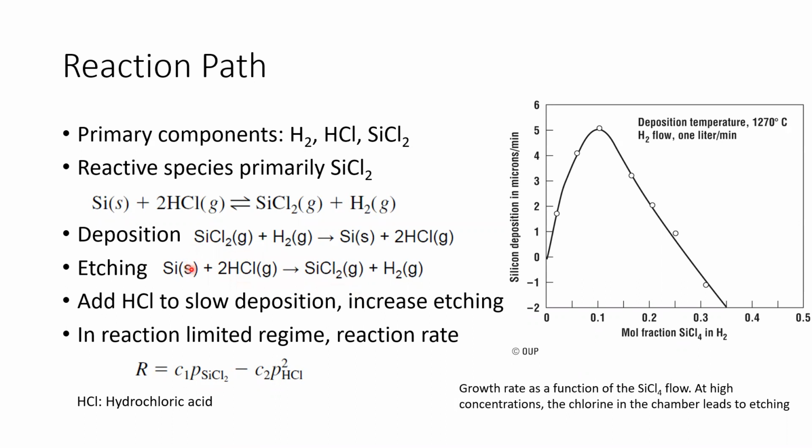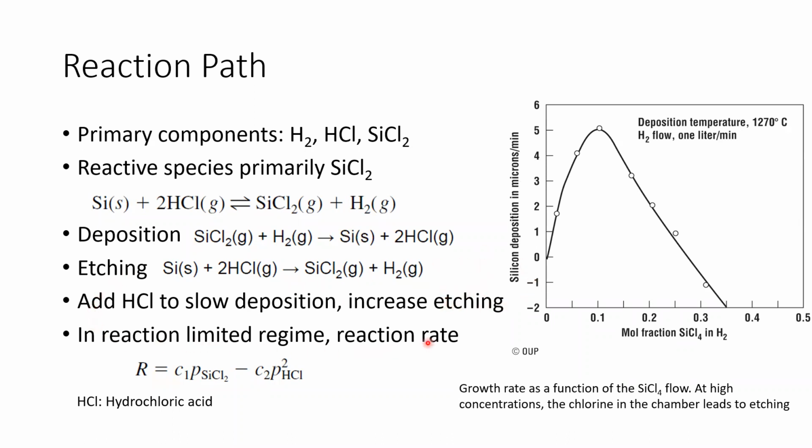So this is the etching process. So there are two processes: deposition of silicon and decomposition of silicon, or etching. So we can control their reaction rate, for example, by adding hydrochloric acid to slow the deposition and increase the etching.